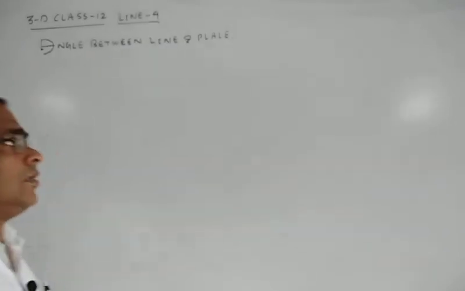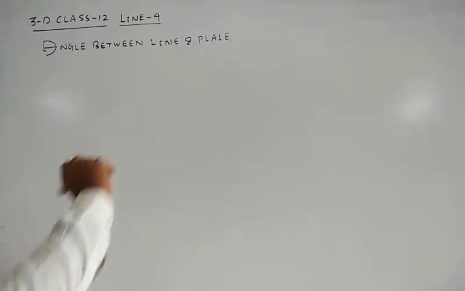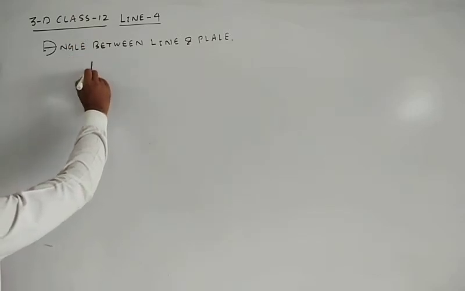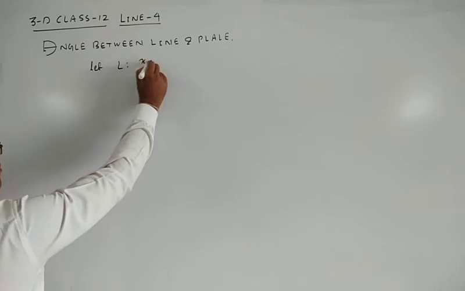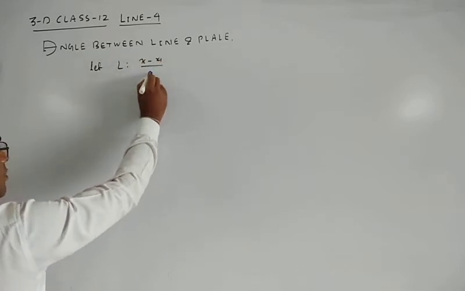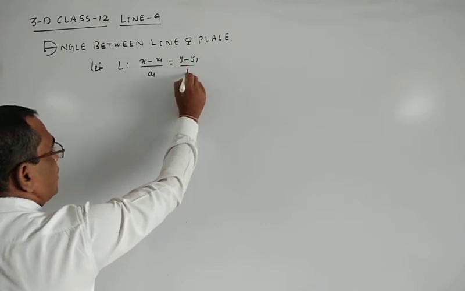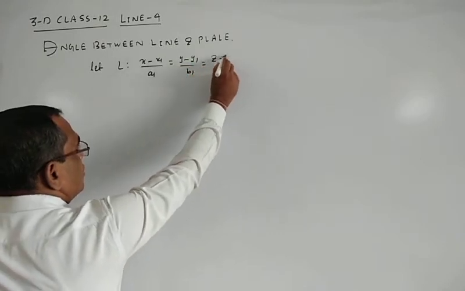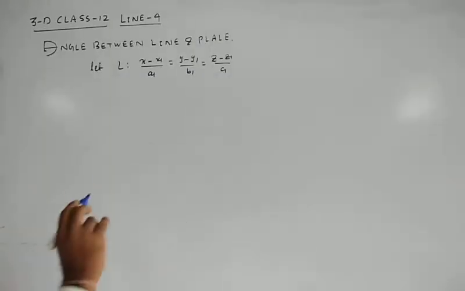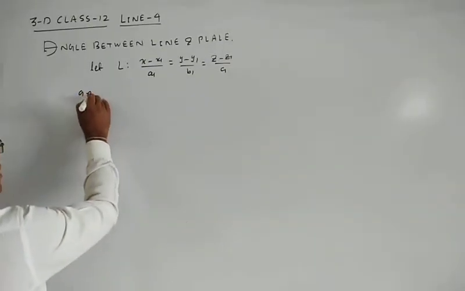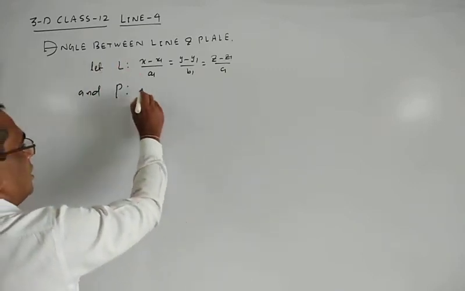So for the angle between a line and a plane, let L be the line (x minus x1)/a1 equal to (y minus y1)/b1 equal to (z minus z1)/c1 be the equation of the line, and plane P stands for plane, L stands for line.